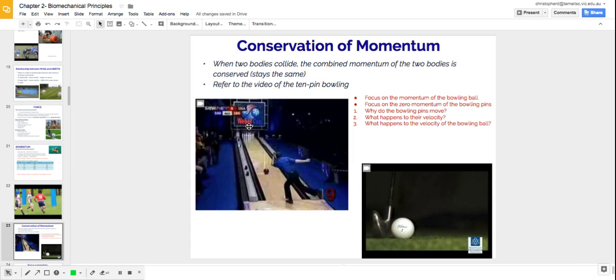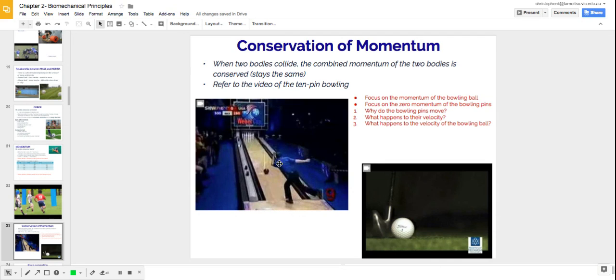Now, when we're looking at the conservation of momentum, if we use this example that we have on here, and you can watch that video of a bowling ball being used to hit some pins. When the bowling ball collides with the bowling pin, that momentum is conserved, so it stays the same. The force from the bowling ball is applied to the bowling pins.